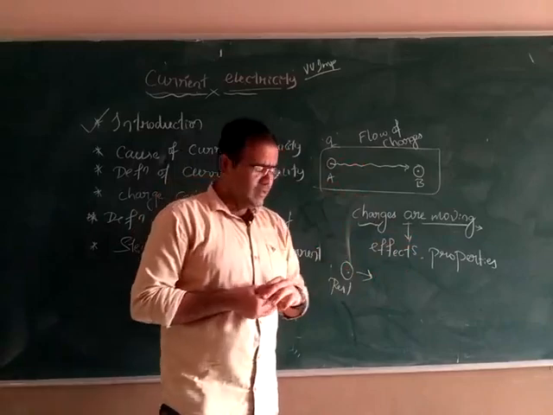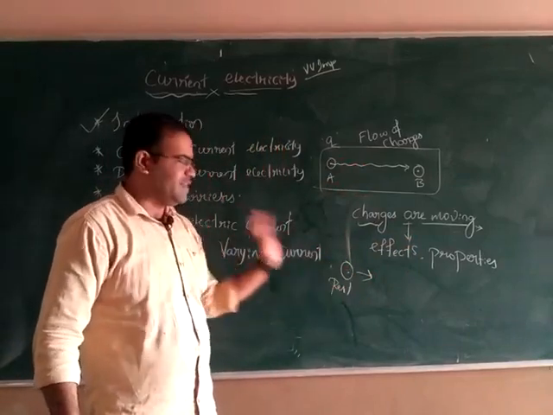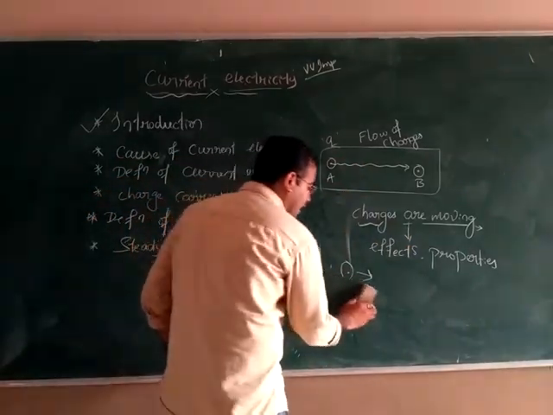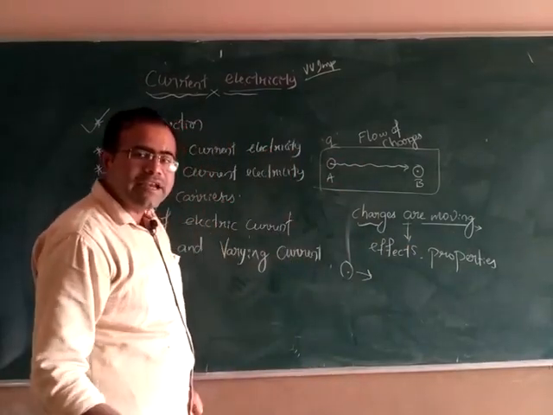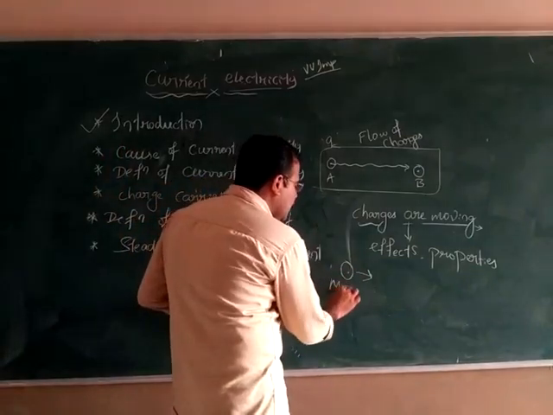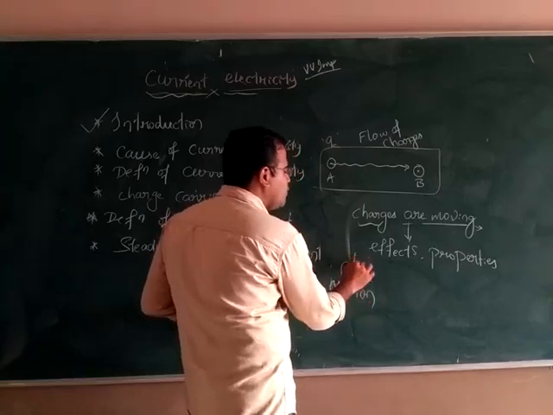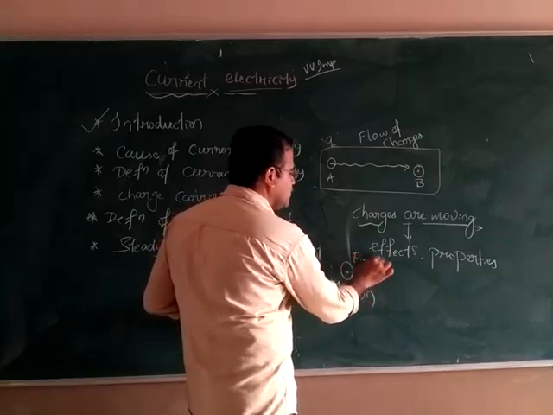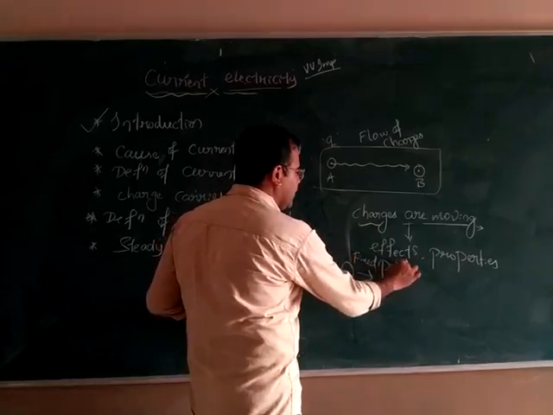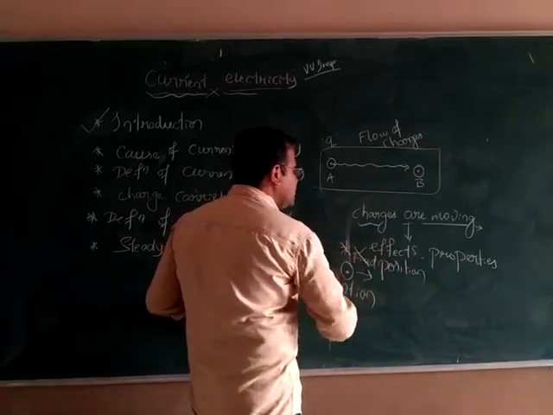But the thing is here, now the charges are not in a state of rest. So instead of taking these charges in a state of rest, here you are going to consider the charges in a state of motion. So it means they don't have a fixed position. This is a very important factor here.